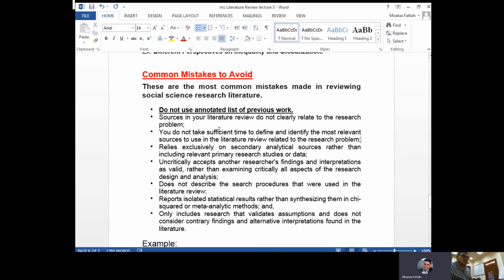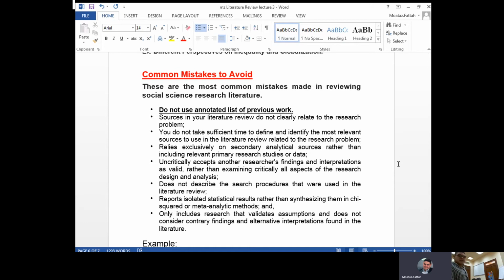Another mistake is that you just take anything randomly. You don't take sufficient time to define and identify the most relevant sources to use in the literature review related to your research problem. In other words, you just say, oh, it has Iraq, so put Iraq. I'm doing my research on the causes of civil war in Iraq.